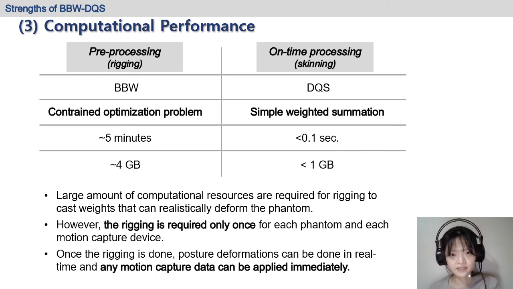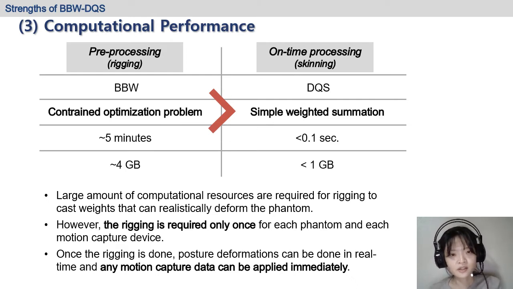Comparing these two steps, the most important difference is that the calculation of BBW is a constrained optimization problem that requires several iterations, while DQS can be done by simple weighted summation. Because of this, as can be seen here, the pre-processing requires more computation resources, while the on-time processing requires only a few of them. Still, however, the computing resources required for the pre-processing are not that much.